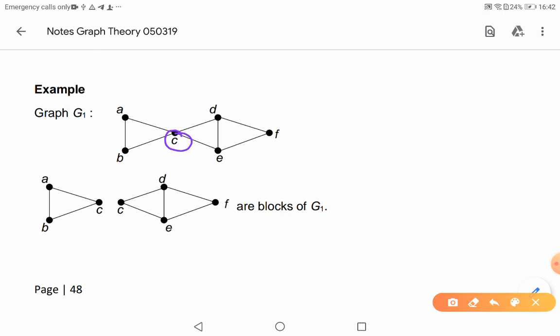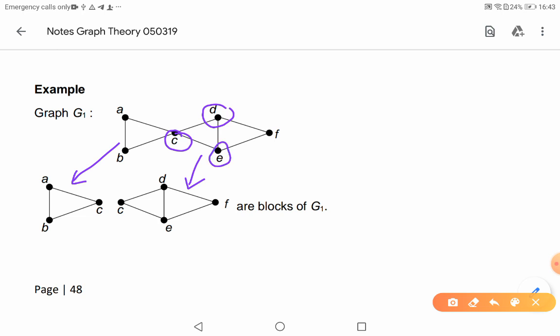If we cut the vertex C, we get the blocks A, B, C and C, D, E. Let's see whether D is a cut vertex or not, and E also.